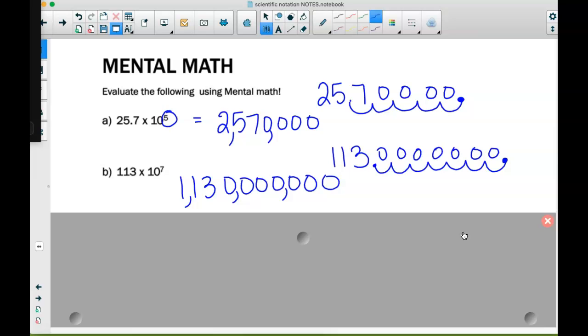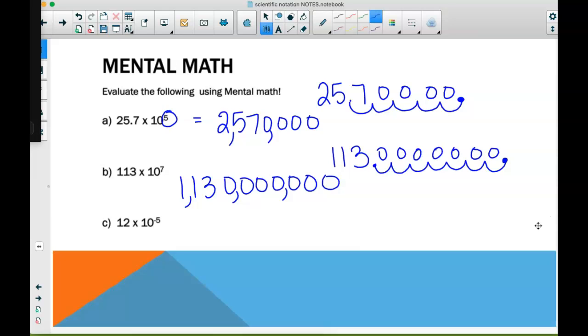Okay. Okay, now this last one's a little bit different. It says 12 times 10 to the negative 5th power. Okay. If the exponent is negative, we're not multiplying by 10, but we're dividing by 10. Okay. So when we see a negative number right here, that means divide by 10.